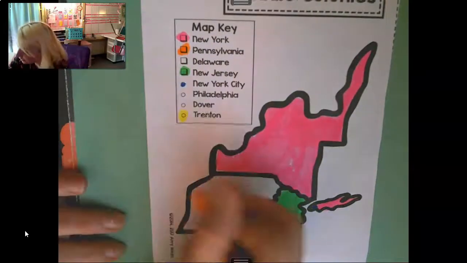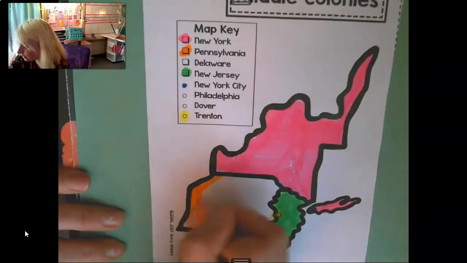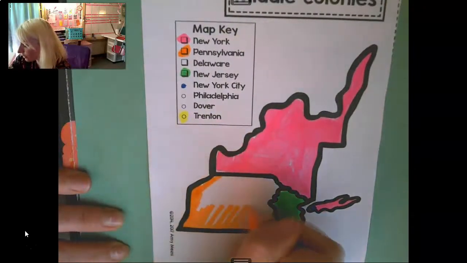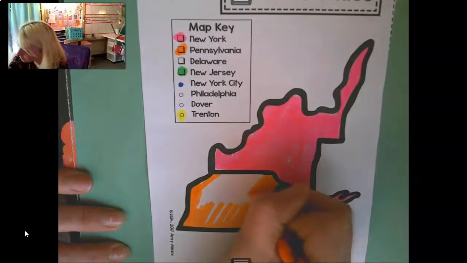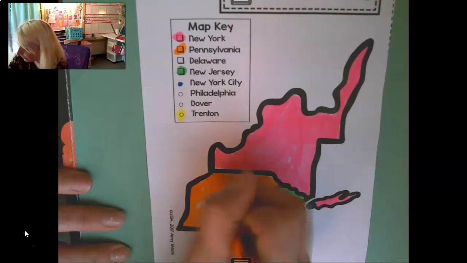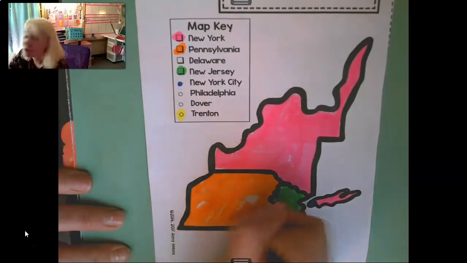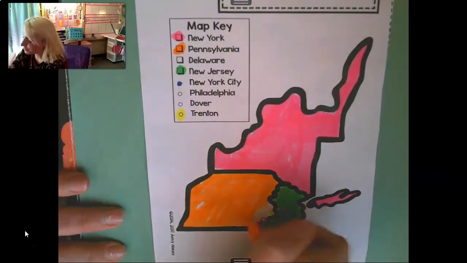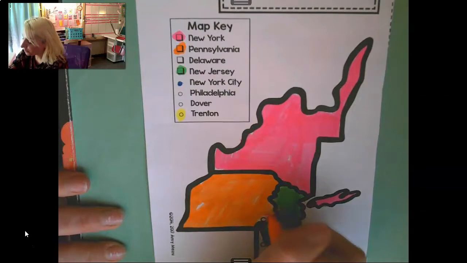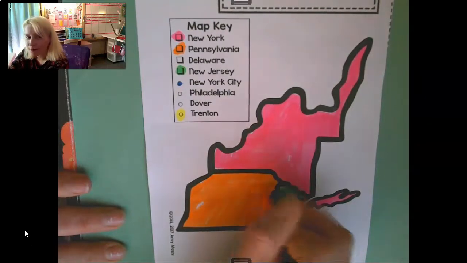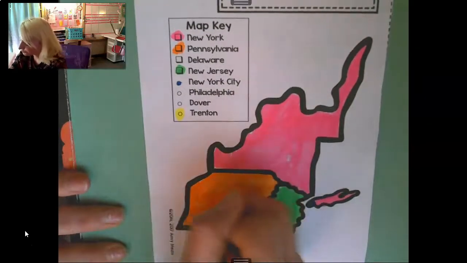And now I'm going to shade in the actual colony in orange so it matches. And I do have my question. There will be a question for a prize in this video.